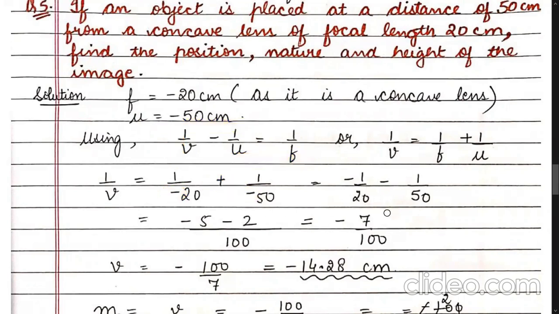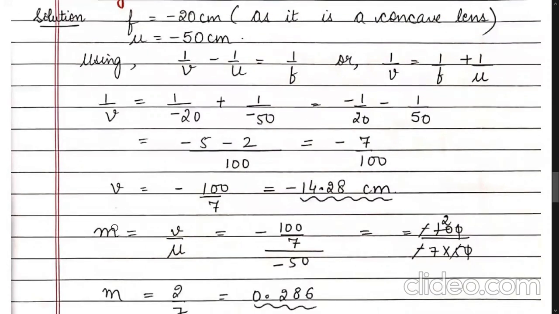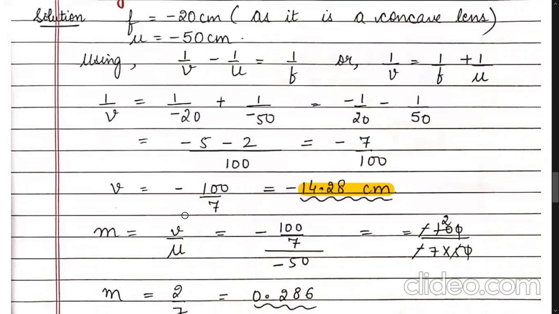So on simplifying, we get minus 7 by 100, that is 1 by v. So what will be v? Minus 100 by 7, which is minus 14.28 centimeter. So the value of v is minus 14.28 centimeter. This was the value of v.